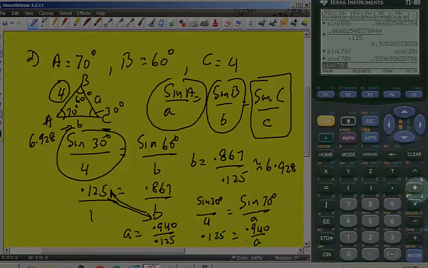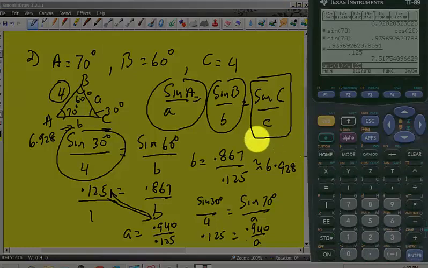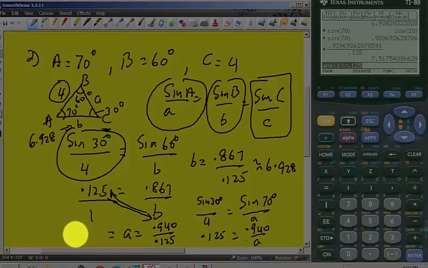So let's divide that by 0.125. Hit enter, and that'll give me 7.518. So A turns out to be 7.518. So this side is 7.518. And that's it.